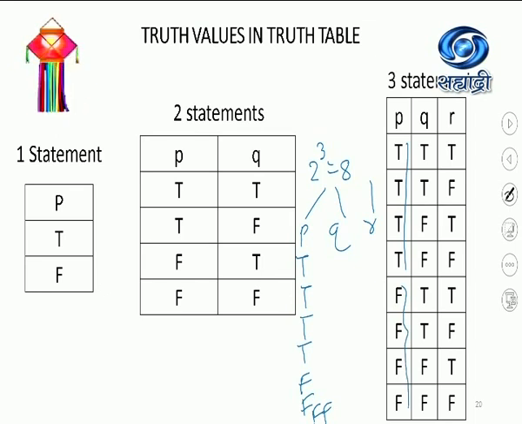Exactly write half of the T values for Q, TT, and half of the F values, FF. Again TT and FF. And further split or divide these two T's into 1, because if you divide 2 T's you get only one T. So 2 T's are split into one T, 2 F's are split into one F.